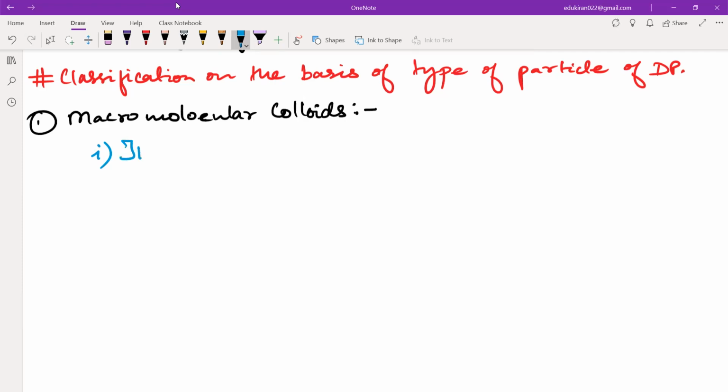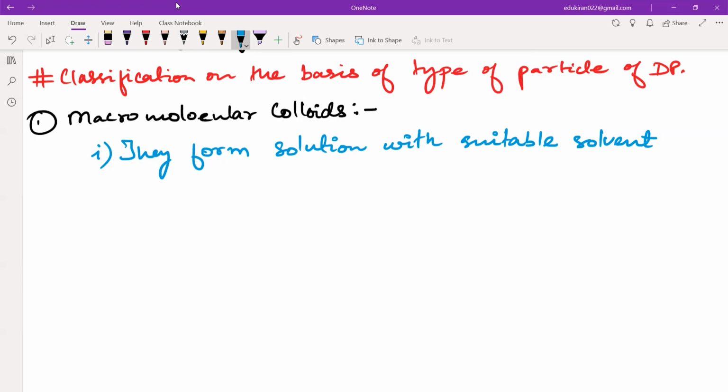So they form solutions with a suitable solvent, but the size is in the colloidal range, that means between 1 nanometer to 1000 nanometer.